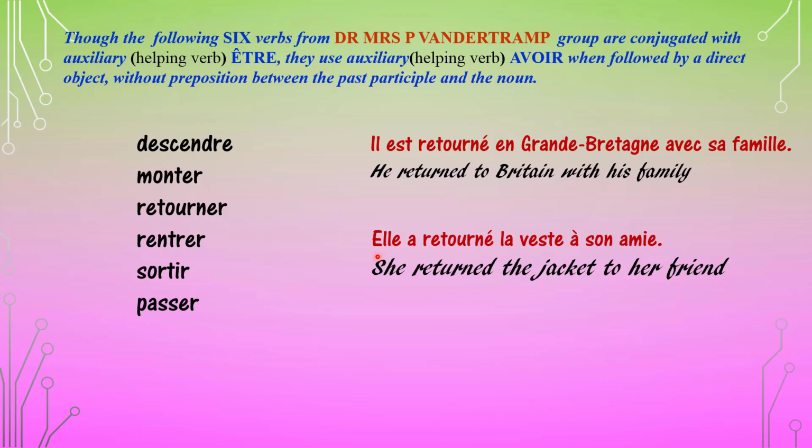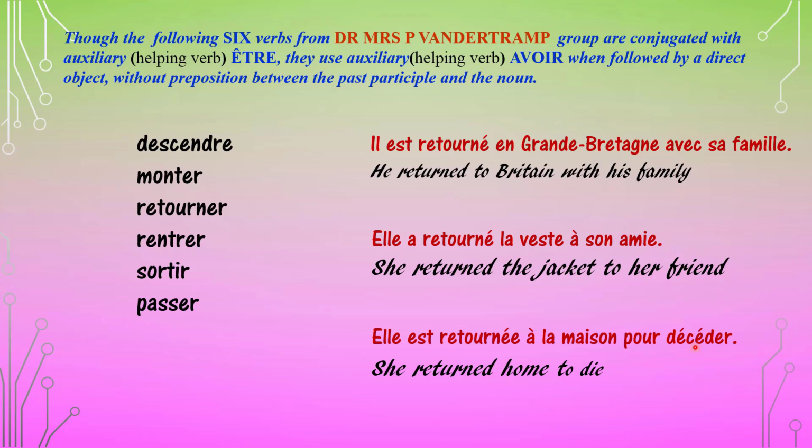Let's have a look at the second sentence. Elle a retourné la veste à son ami. Here, the helping verb has been changed into avoir because the past participle retourné is followed by a direct object which is the noun, la veste.